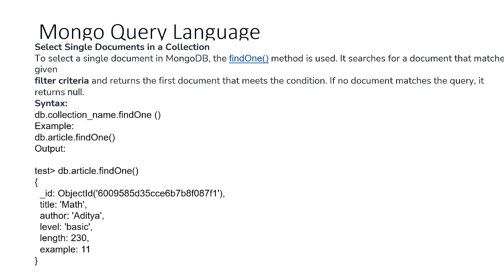We can create a single document in MongoDB. The findOne method is used to search for a document within the database that matches the given filter criteria. If no document matches the query, it returns null.